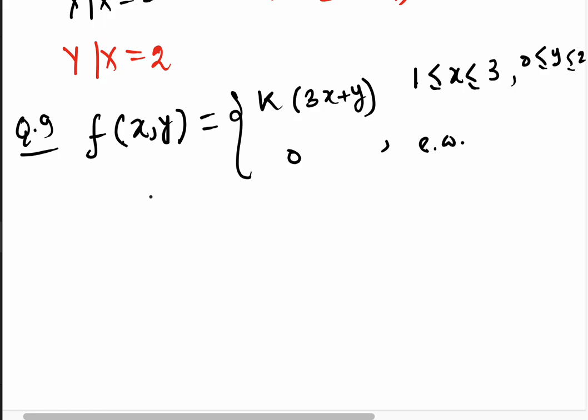Now we have to calculate the correlation coefficient function of x y.